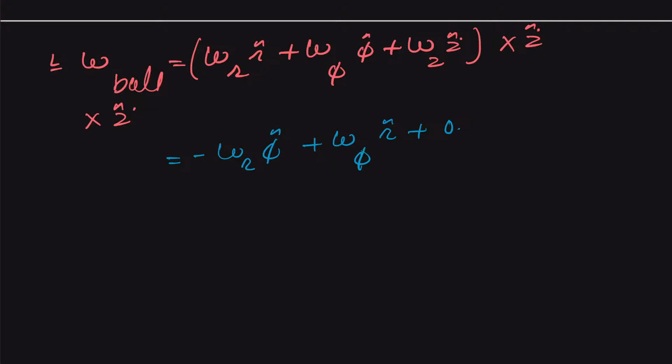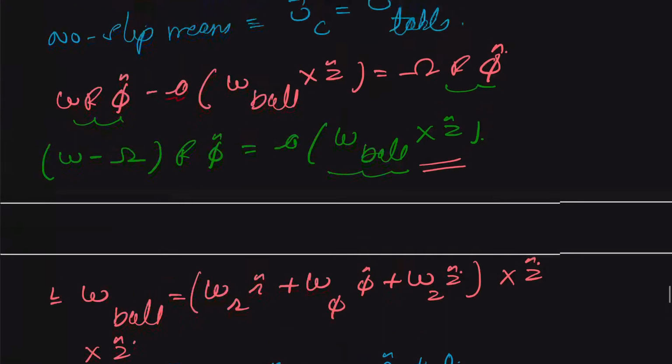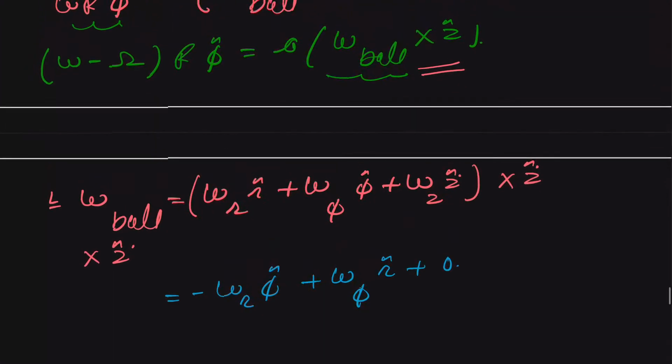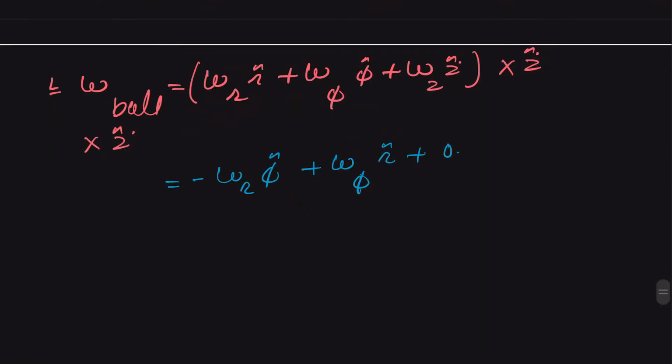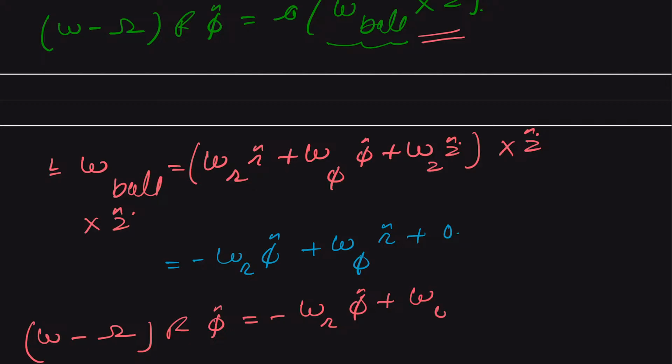So it means, let me substitute it, and then we can make a comparison of it. So we get this as our omega minus omega r phi unit vector is equal to minus omega r phi unit vector, omega phi and our r unit vector.